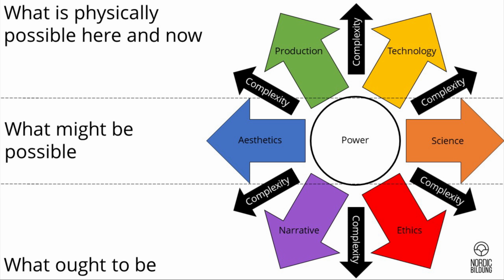technology and production, they are about what is physically possible here and now. And of course, production is very much about profit, and so is a lot of technology in our modern day and age. The narrative and ethics, they're focused on what ought to be. And we don't talk a lot about that anymore.